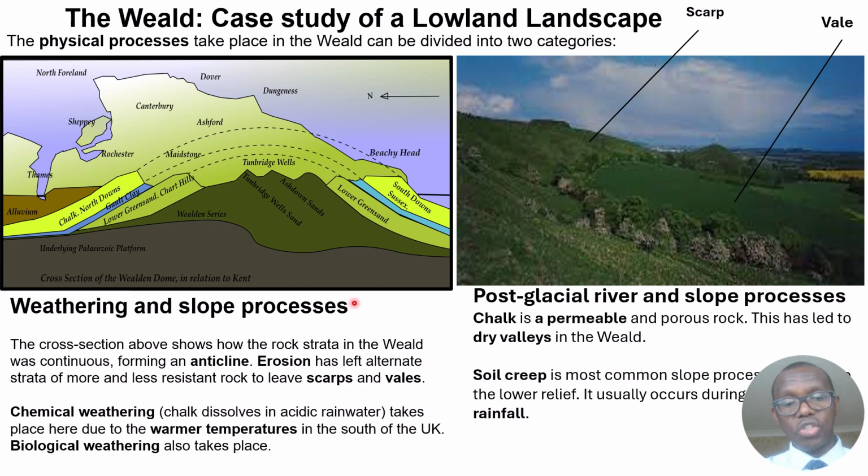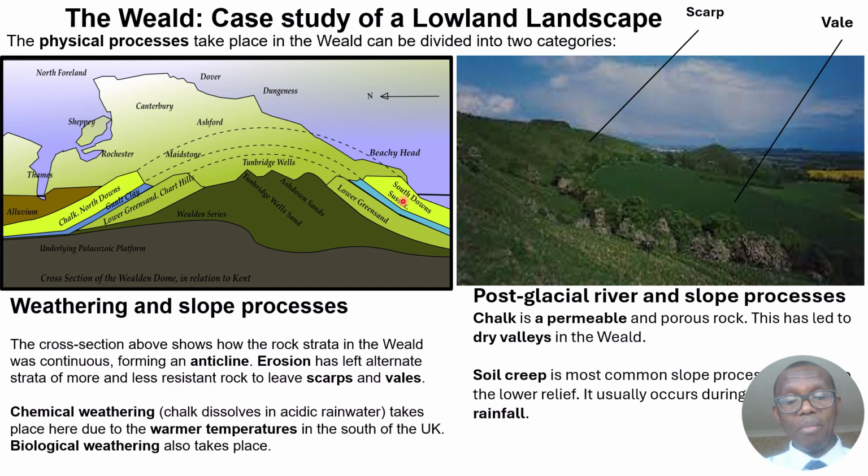And the cross section above shows how the rock strata in the Weald was continuous, forming an anticline. So you can see here where you have the perforated line is where the anticline used to be.